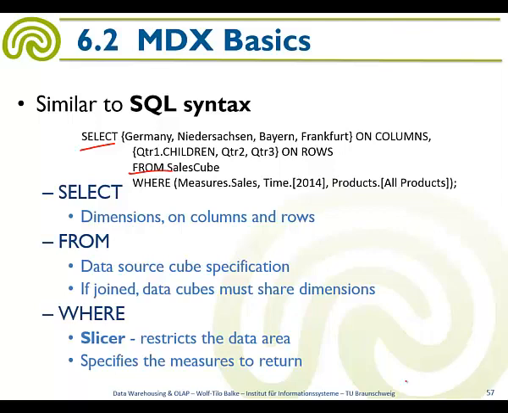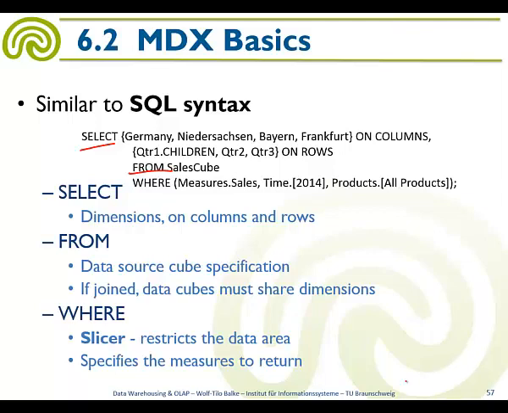The from clause tells the cube specification, so how you build the cube, right? And if they are joined, data cubes have to share dimensions. So you cannot do implicit joins over the where clause, where you say this argument over here should be equal in value to this argument over there.